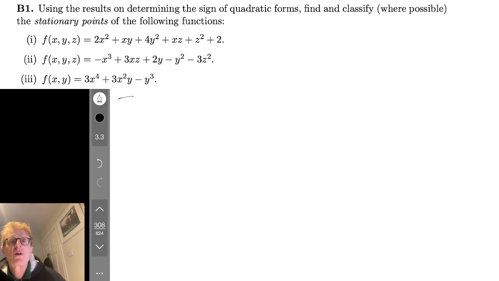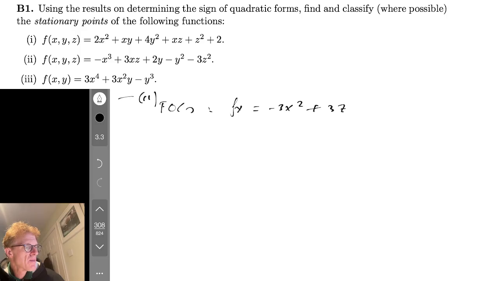2. Again, we write down the FOCs. So the f dx is minus 3x squared plus 3z.